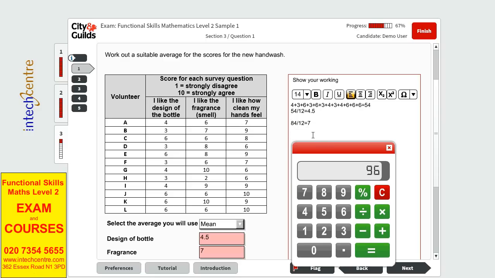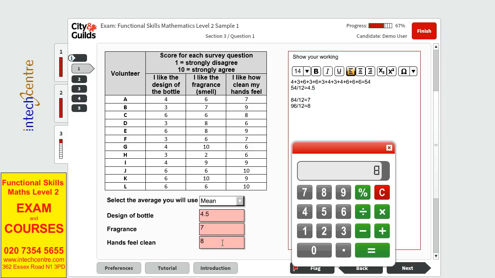Let's bring this down. We have 96 divided by 12, and the answer is 8. So this is our mean. Now the next one would be the median. So here let's put mean, and then we have median.